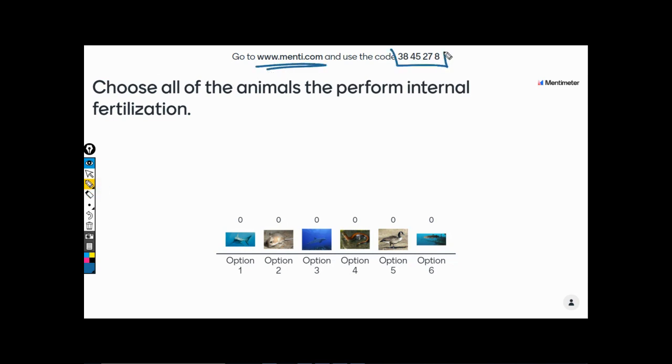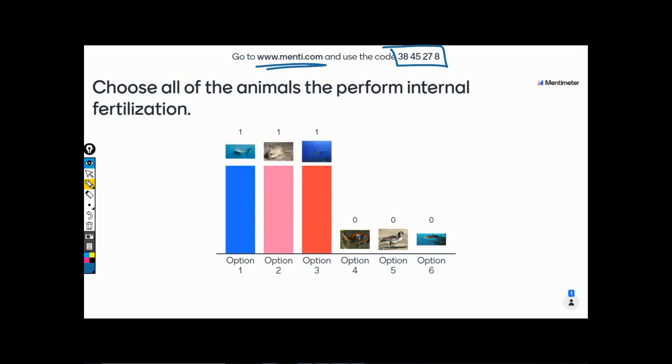We're going to use our code, 38 45 27 8. You have a series of pictures that we're going to be looking at, some of which we've seen before.